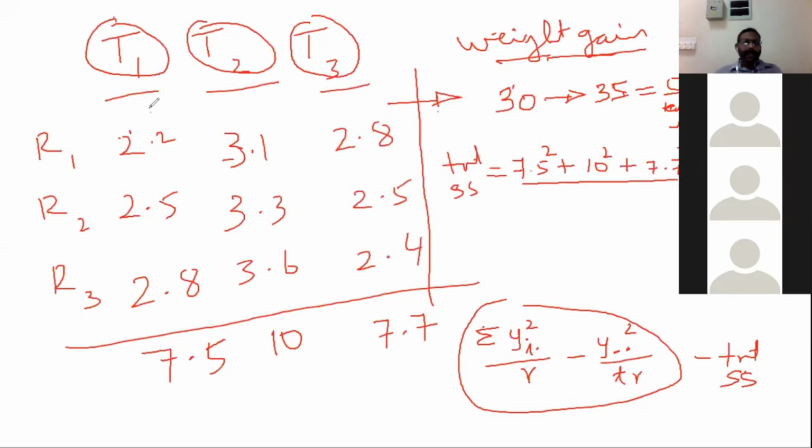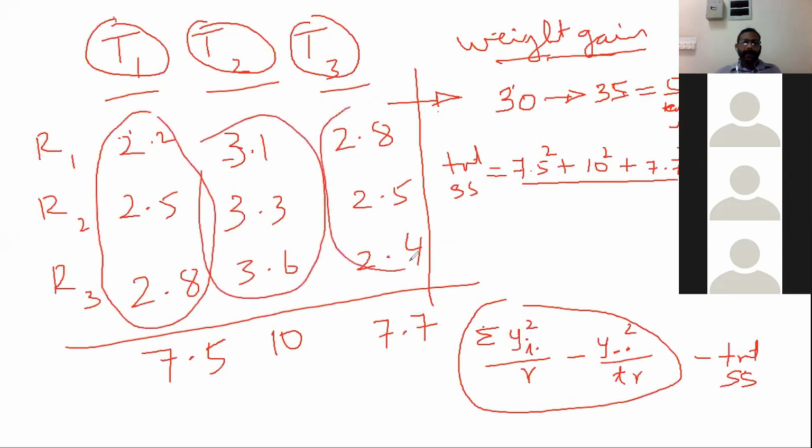How many replicates? 3. Second treatment? 3. Same. Third treatment? 3. Same. So if the number of replicates are the same, no problem. We can divide by directly. So can somebody get the answer? I need only one answer. I don't want 60 different answers. I need one answer.